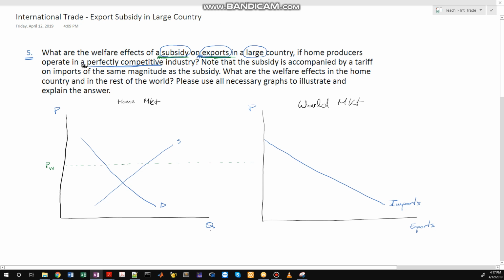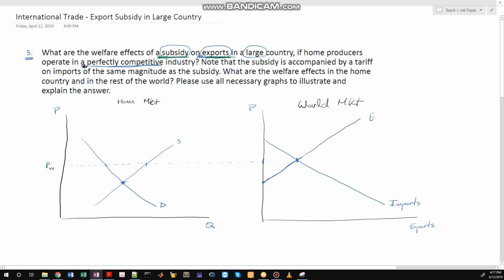Okay, so we have an import and we have a home export. So here, for example, if that was the world price, then that's what these exports are going to be like. And here, if this was the world price, there would be no export. So in this case, we can draw the export line, and that one has a bit of meaning because it depends on my home market.